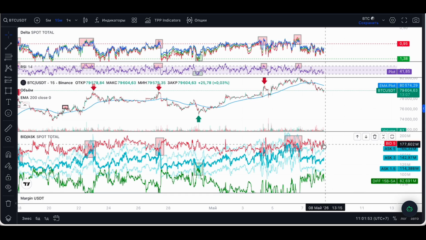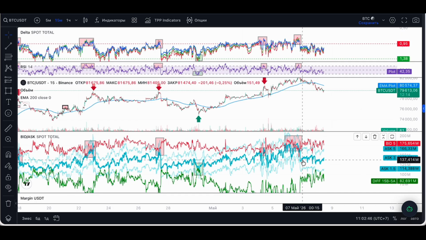The red line is all bid limit orders of all pairs on Binance, and ask lines represent the cumulative value of all limit ask orders of all pairs on Binance. Those numbers 5, 3, 1.5 represent the depth. So this line represents all the limit ask orders on the depth of 1.5%.